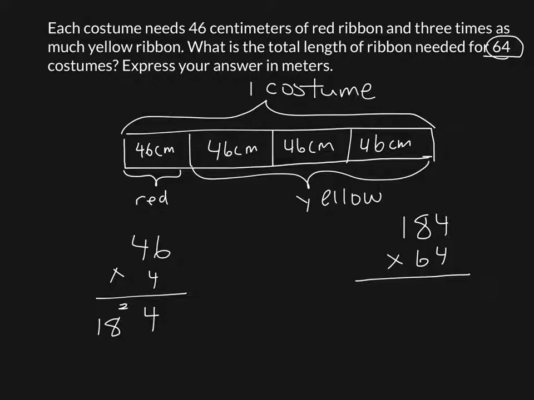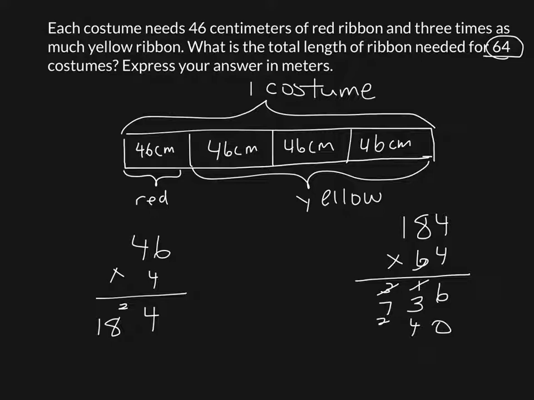4 times 4 is 16, and 4 times 8 is 32, plus this 1 is 33, and 4 times 1 is 4, plus that 3 will make a 7. And then I'll move down and multiply by my tens place, and 6 times 4 is 24.